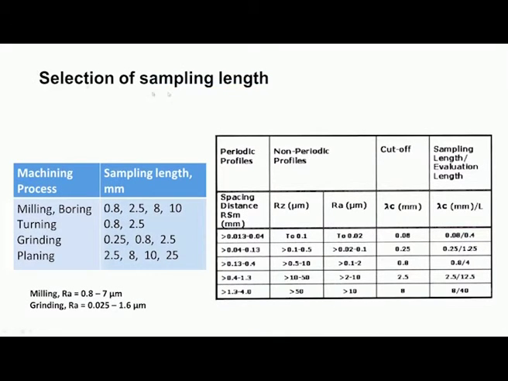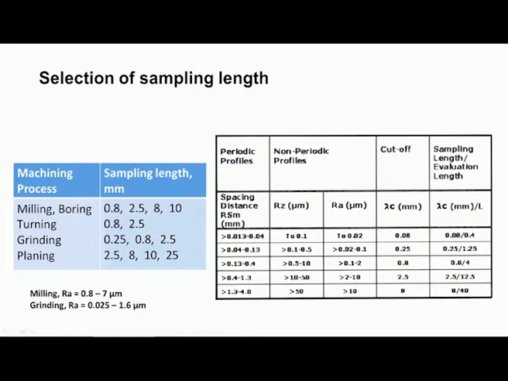Now, how do we select the sampling length or cutoff length? You can see here we have listed different machining processes: milling, boring, turning, grinding, planing, etc. And then we have the sampling length. For milling, we can select a 0.8 millimeter sampling length, or 2.5 millimeter, or 8 millimeter, 10 millimeter.